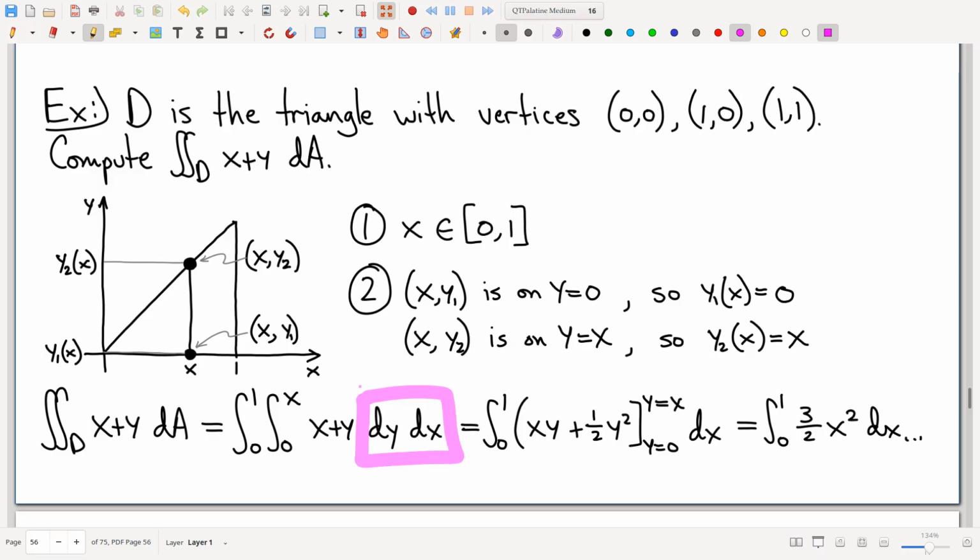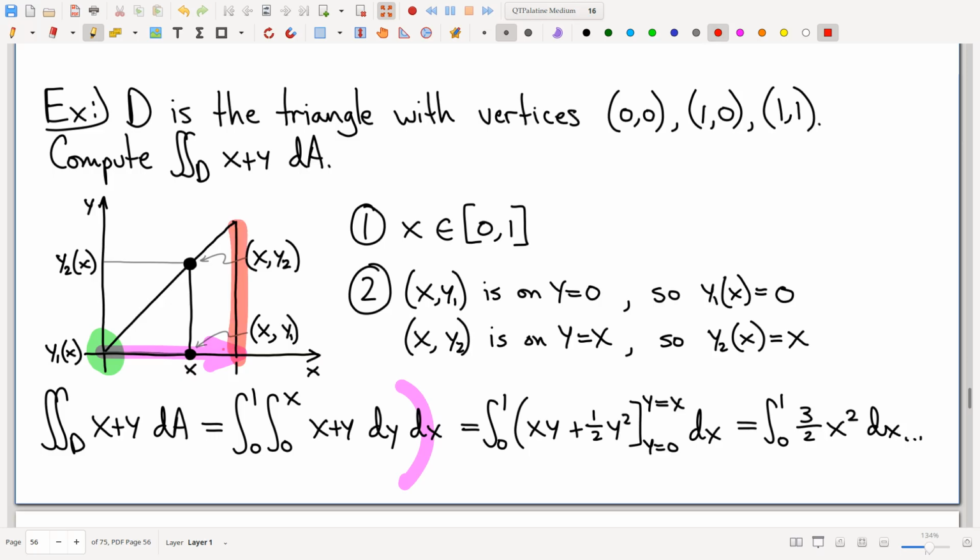And so that means as I write down my first development of the integral, I need to know the range of values of x. I'm going to be starting at that value of x. I'm going to be ending at this value of x.